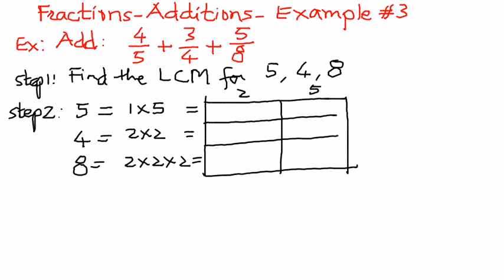So in here, for 5, there are no 2's, there's just one 5, so we'll write the 5 there. In the second box, for 4, we have 2 times 2, there is no 5 in there. And for the number 8, we're going to write 2 times 2 times 2, and there is no 5 in there.